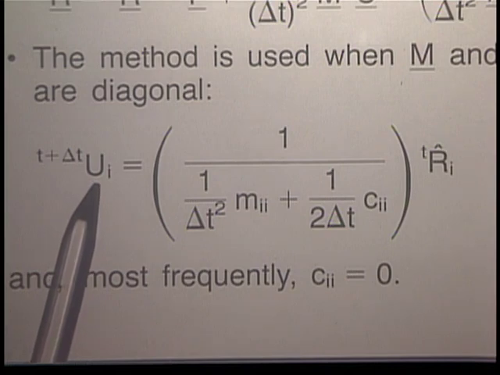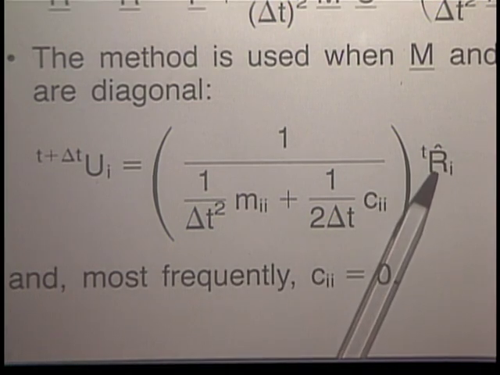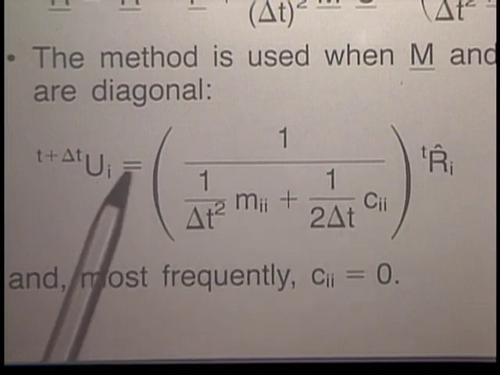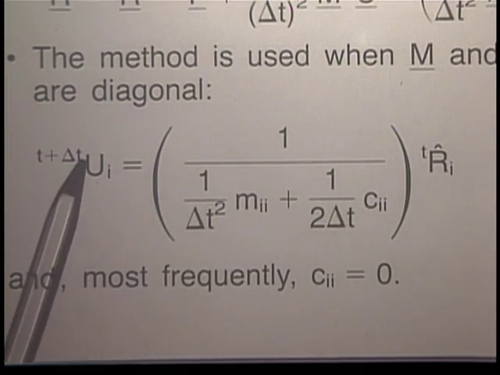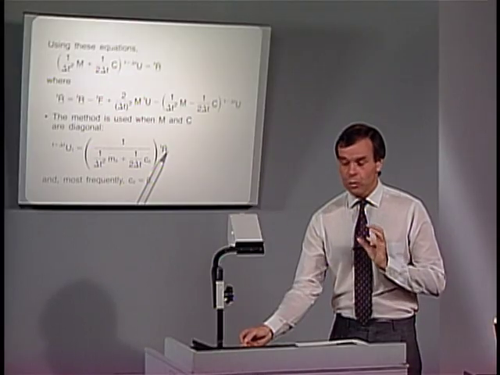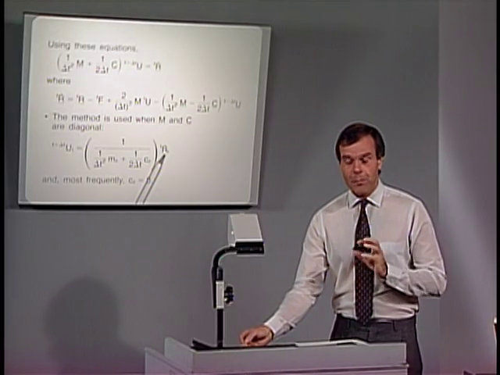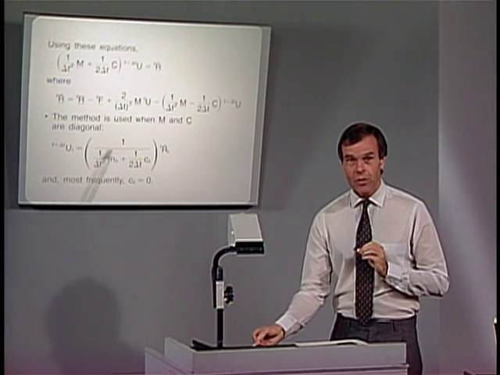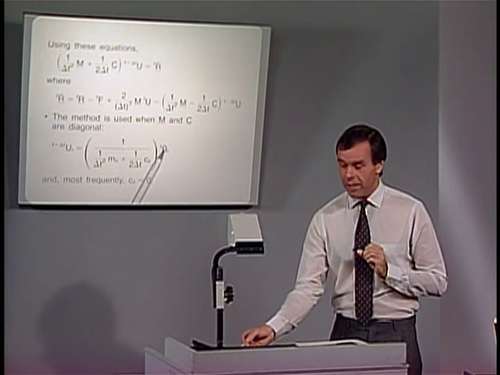That's an important point to recognize, that there is no need really to set up a K-matrix, to triangularize a K-matrix. We don't do that here, and that means that per time step the solution method can be very effective.